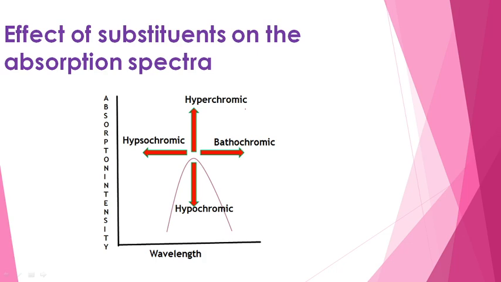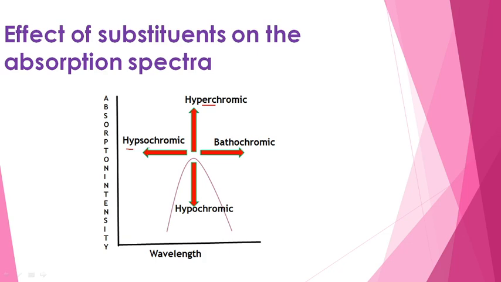When the wavelength is increasing towards the higher value side, the absorption intensity also increases. That means bathochromic shift is in combination with hyperchromic shift. The same is applicable for hypsochromic shift. Hypsochromic shift is the decrease in the wavelength of the absorption band.